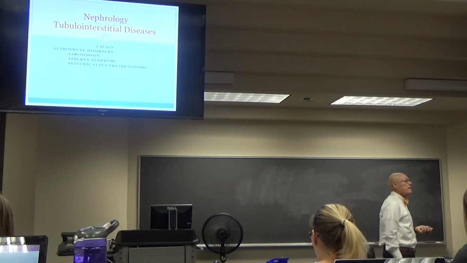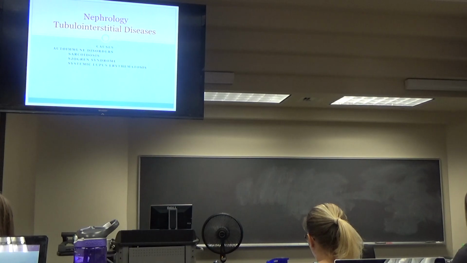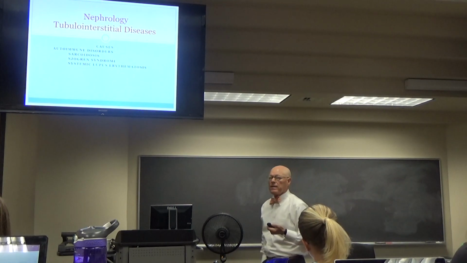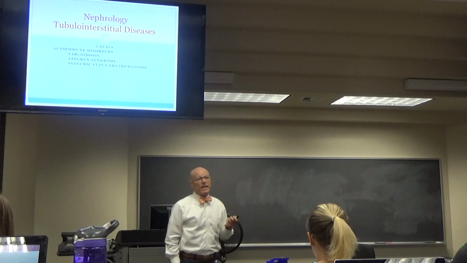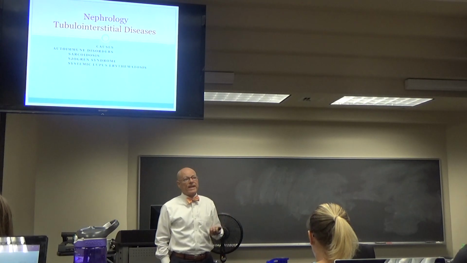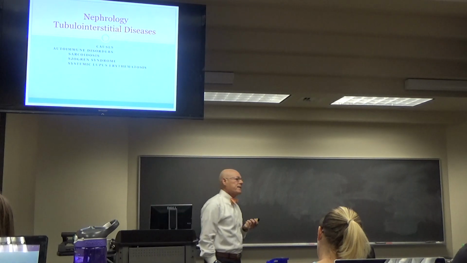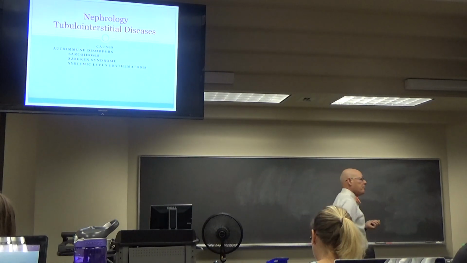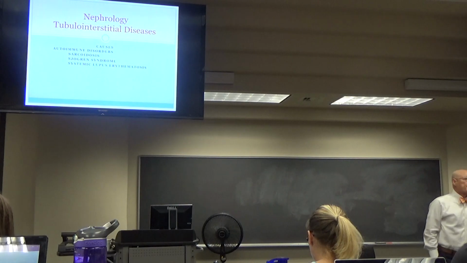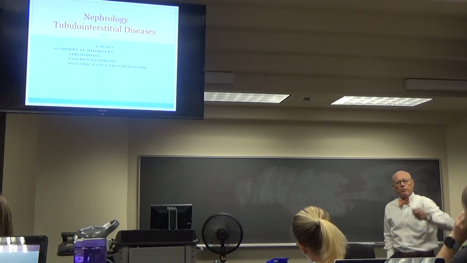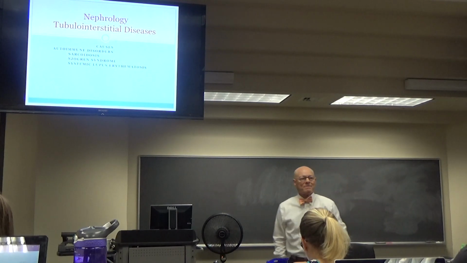And SLE generally presents with arthritis, with a variety of symptoms that sound more like arthropathy, but commonly affects the kidney and usually affects the glomerulus more than the tubules and interstitium. But SLE can affect any part of the kidney. It can present with nephrotic damage to the glomerulus, or it can present with tubulointerstitial problems.